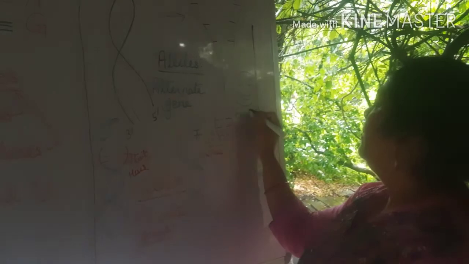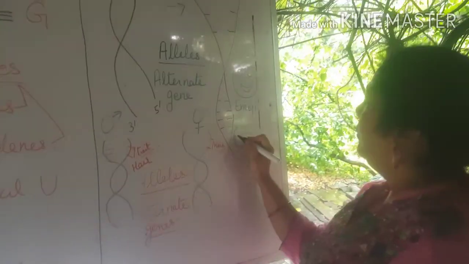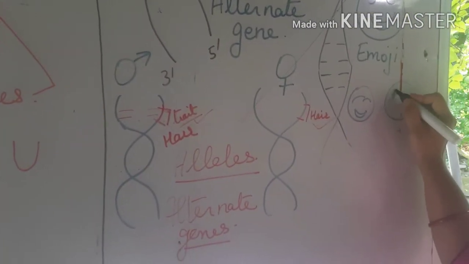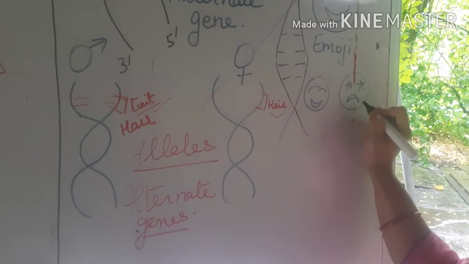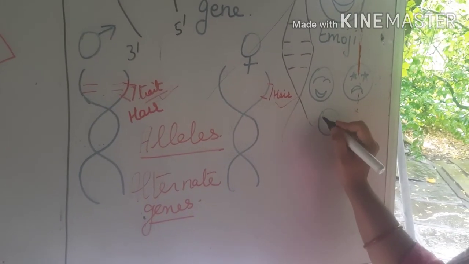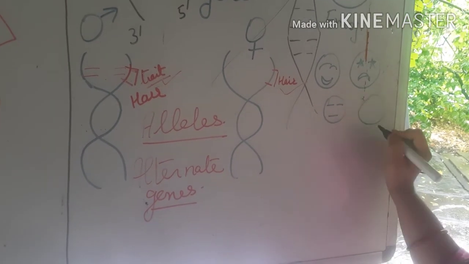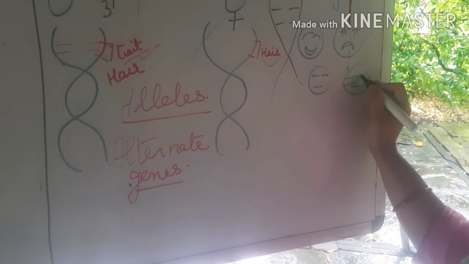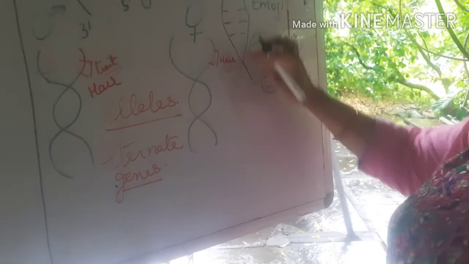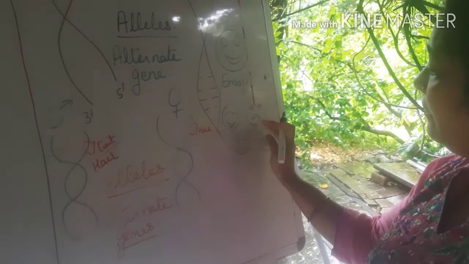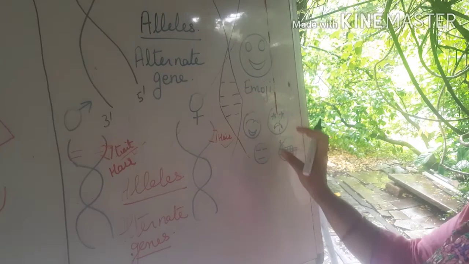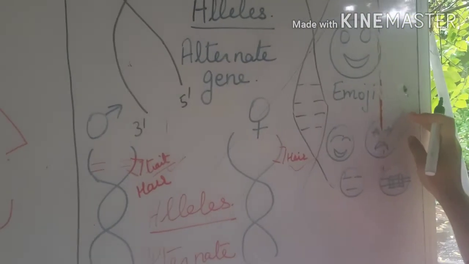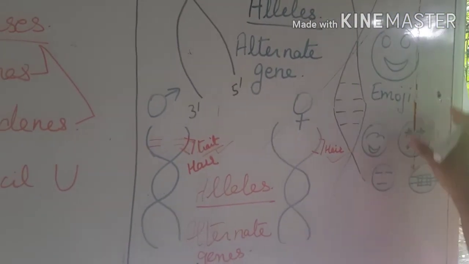We have seen such kinds of emojis, this emoji, this emoji, and many others. All these are emojis, but each is showing a different symbol or expression. So this is what an allele is: alternate genes.